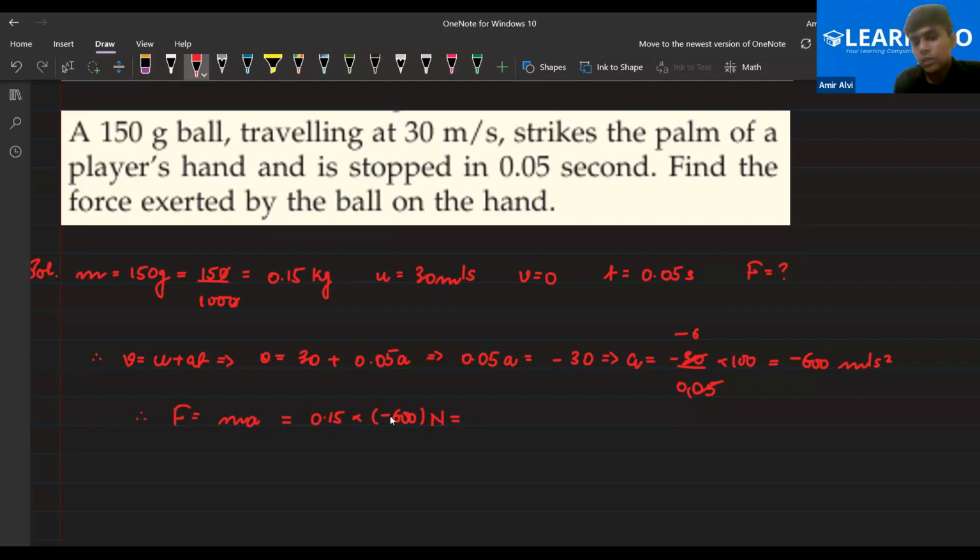Two decimals are there, two zeros are there, so it would be 15 into 6 in negative, that is 90 Newton. This is the answer. Please do let me know everyone if it's clear to you.